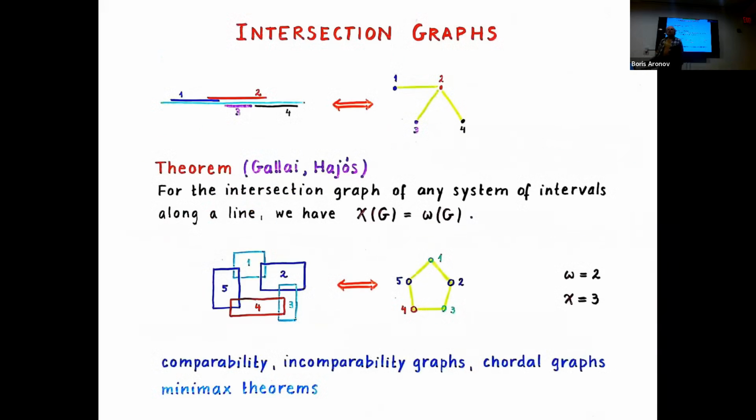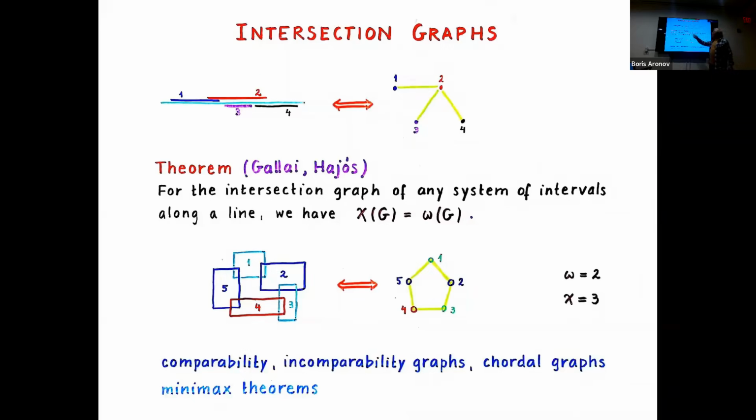So the most important, perhaps the first interesting example of perfect graphs was this geometric example. This was proved by Gallai and Hajnal, that if you define a graph in the following way: you take intervals along a line and you assign to each interval a vertex, and you connect two of them, like 1 and 2, by an edge if and only if the two intervals overlap, intersect, then what you get is the intersection graph of the system of segments.